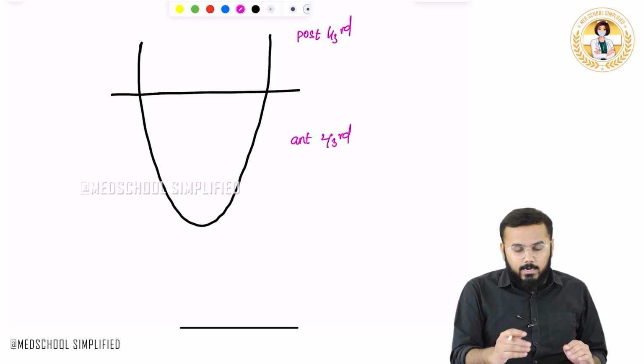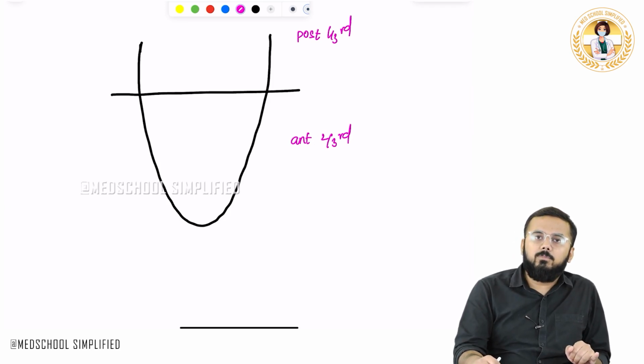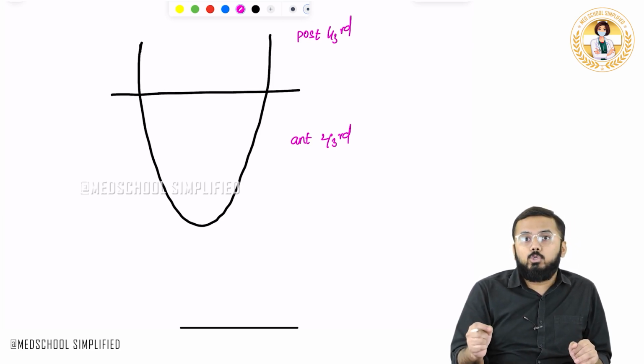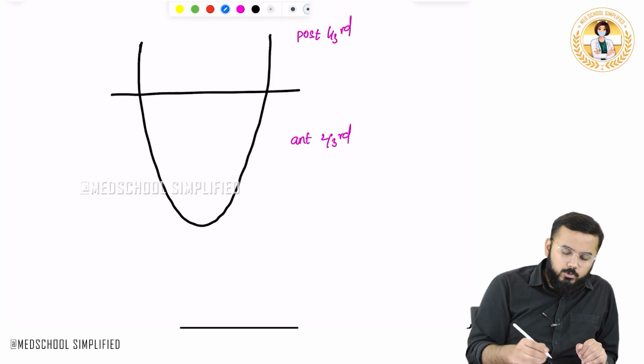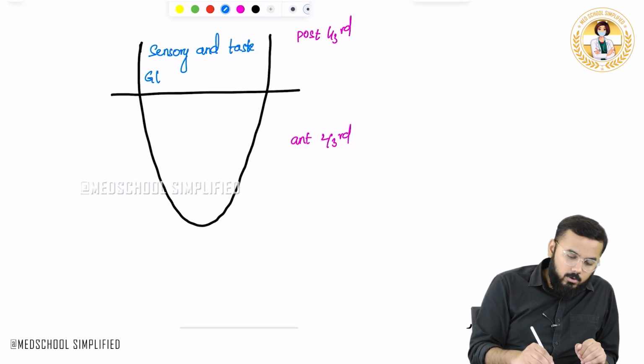Now in the posterior 1/3, the sensory information, along with the taste fibers, are carried by the glossopharyngeal nerve.